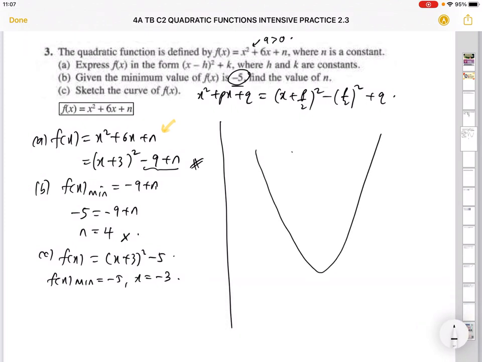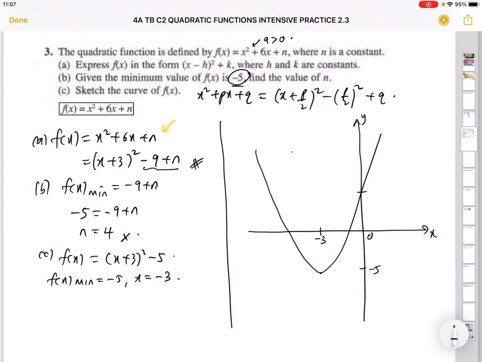So I draw my intercept, and this is -3, -5. Because if you try to draw all the values first and fix the position, it's actually harder for your hand. You need to make sure that it goes through that particular point. So just draw a freehand first, and then I'll add in the axis later.